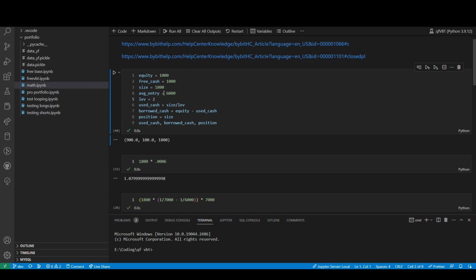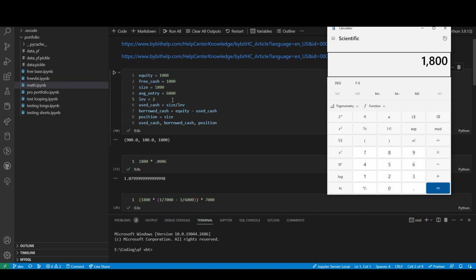180 divided by 2 is 900. So we've got to borrow $100. We're using 900 of our dollars. Is that the way it works? Divided by 2. That doesn't make any sense. I'm borrowing $900.